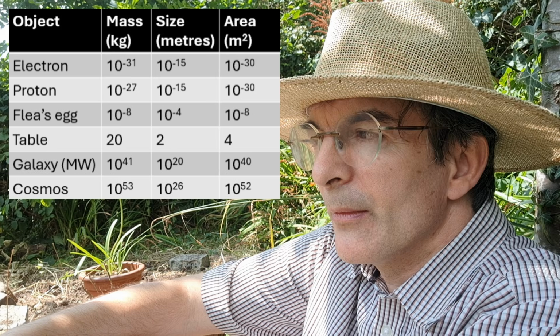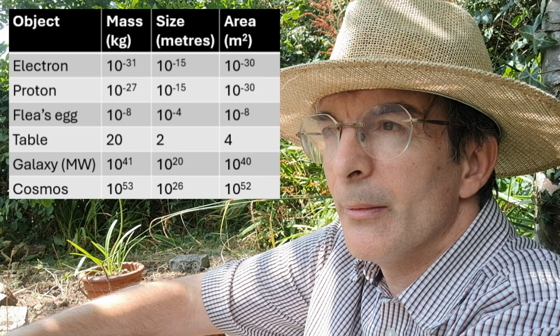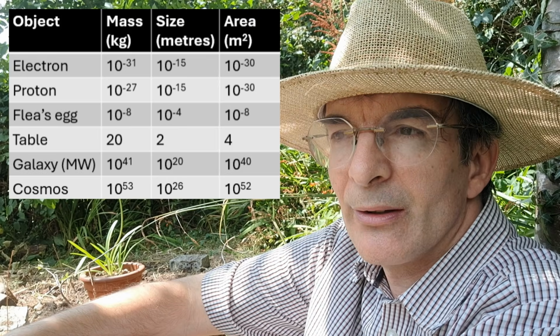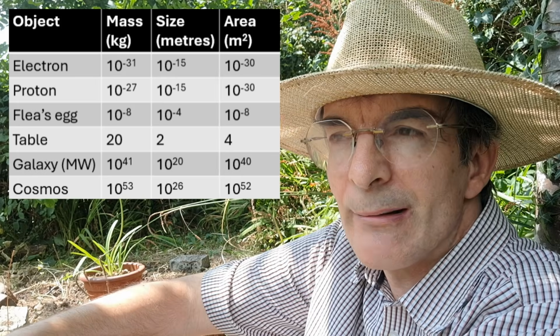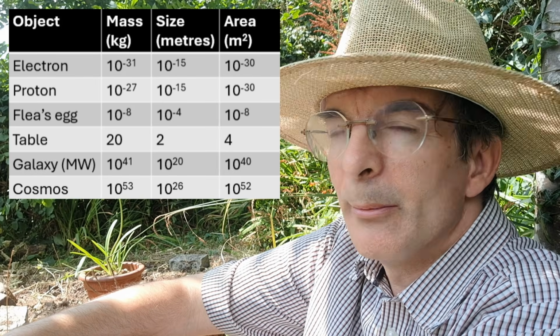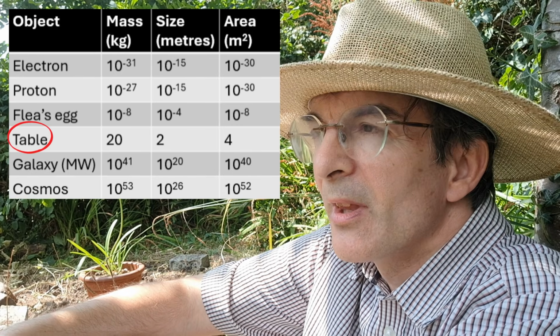Now this is kind of interesting because you could say that mass is proportional to area, but this is showing that in many cases it's actually equal to the area. And I think the clue to that might be in the middle of the table, this row labelled table.